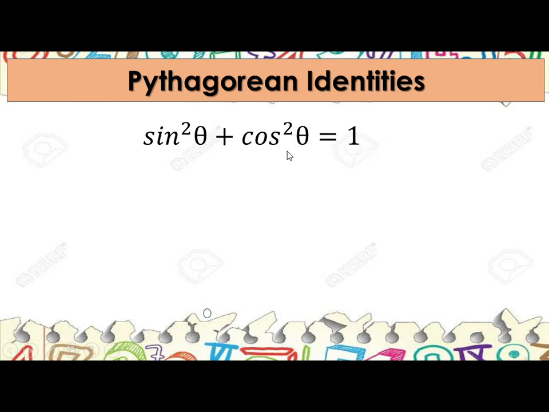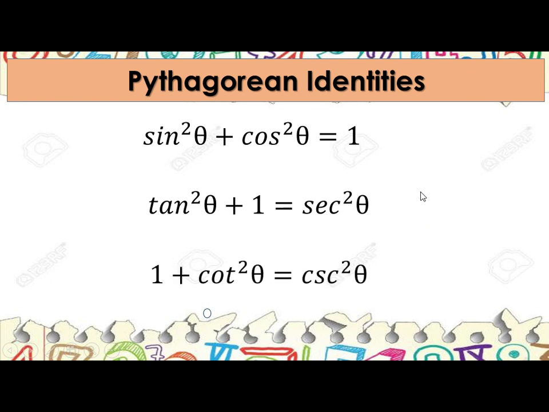Through this concept as well, we will come up with this idea wherein if you add 1 to the tangent squared theta, so you have tangent squared theta plus 1, that is actually equivalent to secant squared theta. Always remember that. And another one, if you add 1 to the cotangent squared theta, then you will come up with the cosecant squared theta. Okay, so that is for the Pythagorean identities naman po.